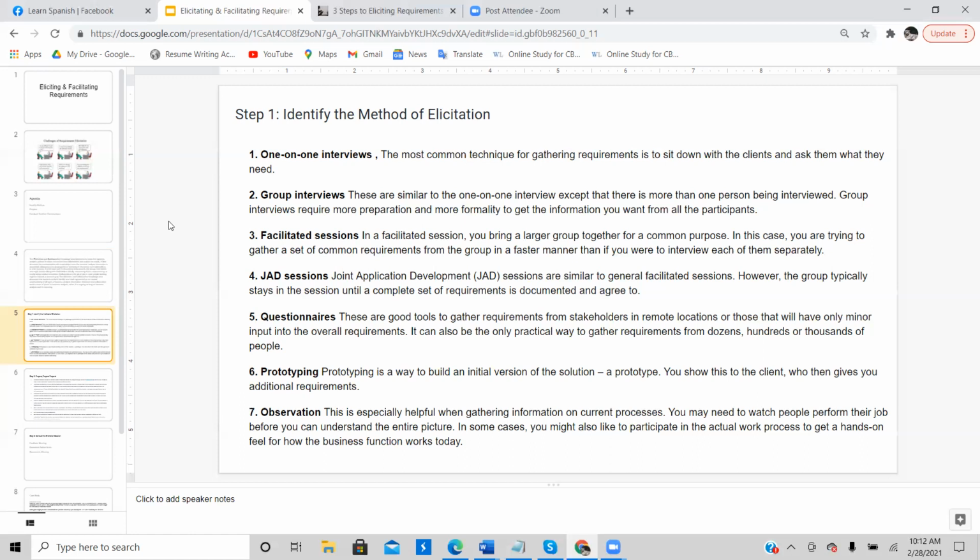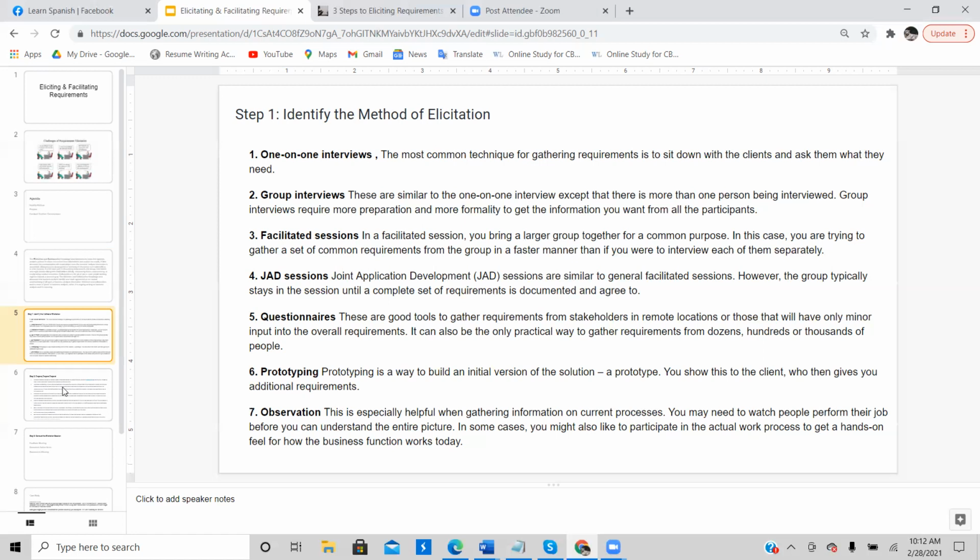For our case study, because it's a new platform, observation won't be the technique I would use. I would probably use one-on-one interviews, group interviews, facilitated sessions, maybe even chat sessions, and prototyping. As I said, you could use a combination of any of these to have your sessions.